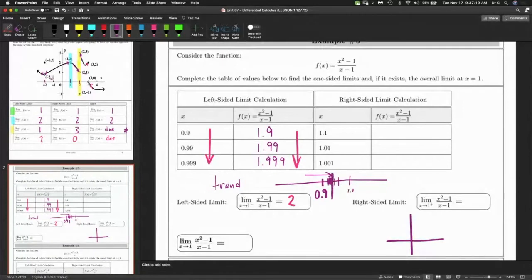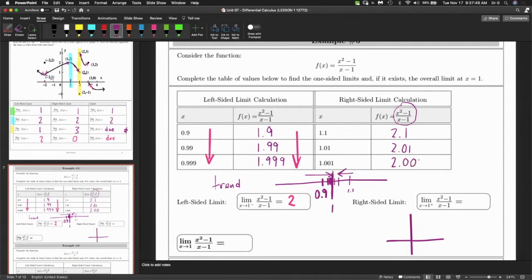So your target is to get to 1, and you're simulating traveling along the curve and slowly but surely getting closer and closer to the true y value. If you put 1.1 into this function, you get 2.1. And if you put 1.01, you get 2.01. And if you put 1.001, you get 2.001.